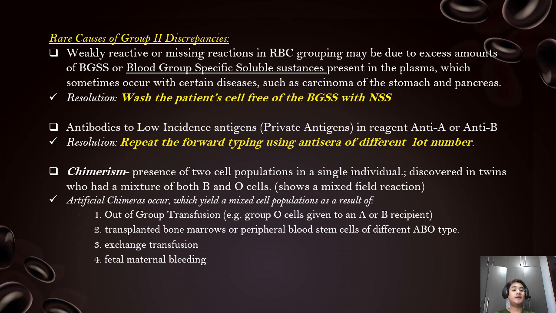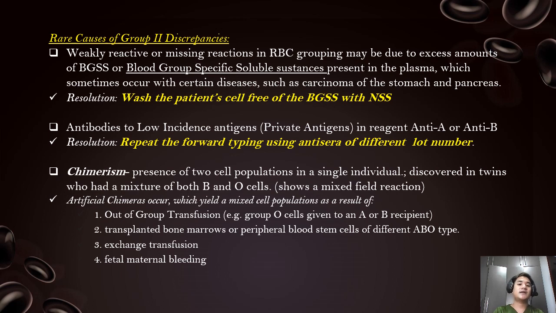So it will leave no available binding sites for the anti-sera reagents, since they were already occupied by the excessive amounts of the BGSS. To resolve this discrepancy, simply remove the bound BGSS by washing the red cells several times with normal saline solution in order to free the cells from the excess blood group specific soluble substances.